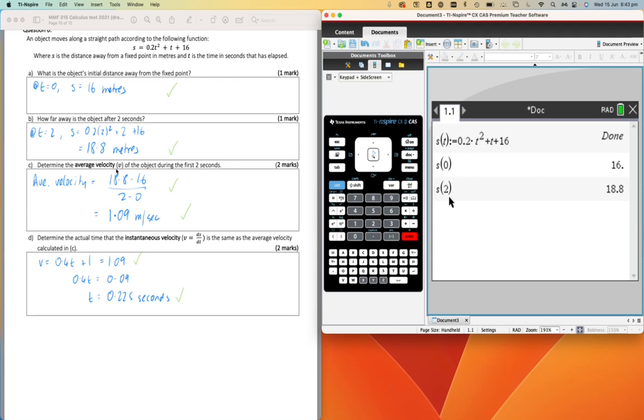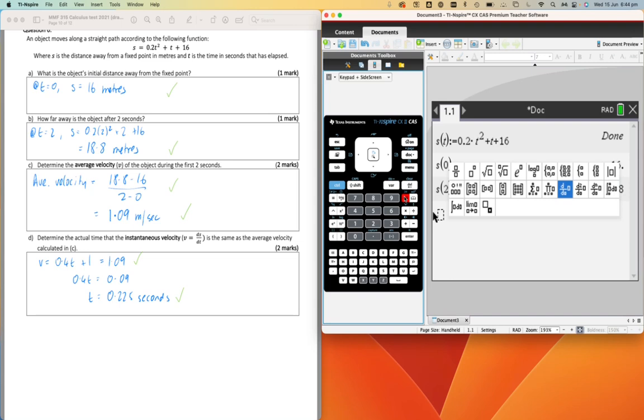so you're already ahead. Average velocity: I know I need to go 2 seconds minus 0 seconds, and you can see it's 2 minus 0 here. I can do all this in my calculator, using the answers from A and B, so I can just plug them in. But if you want to, I'll show you slightly differently.